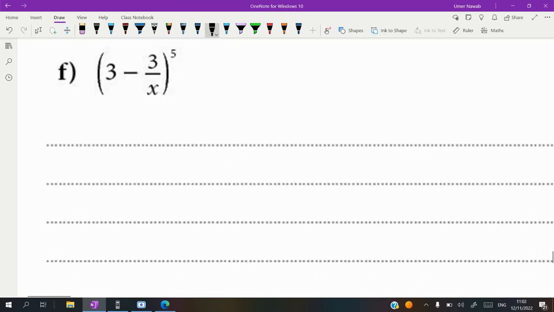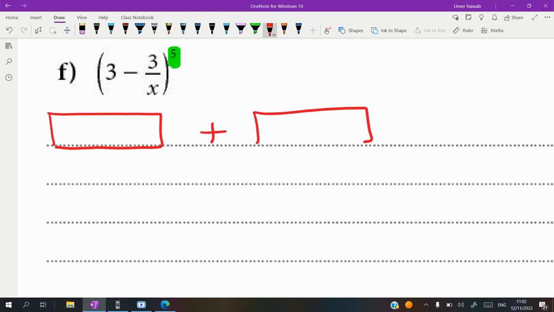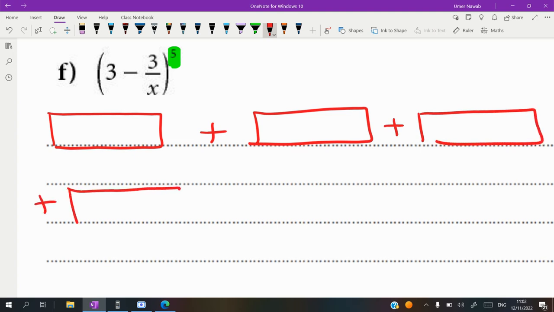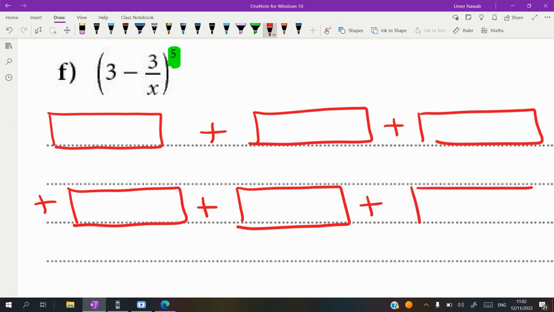If you want, I can solve the other part again. So the power is 5. How many terms are expected? 6 terms are expected: 1, 2, 3, 4, 5, 6.